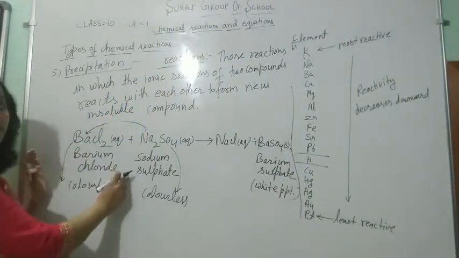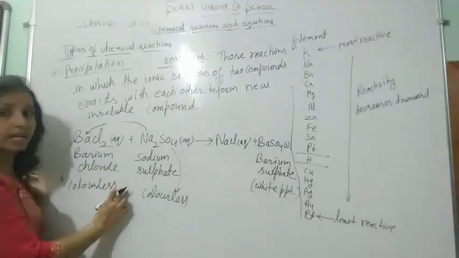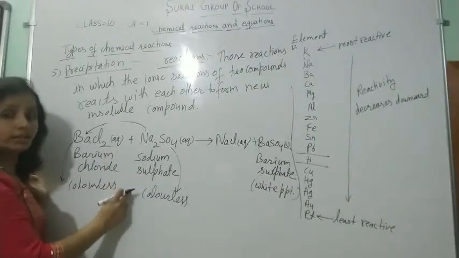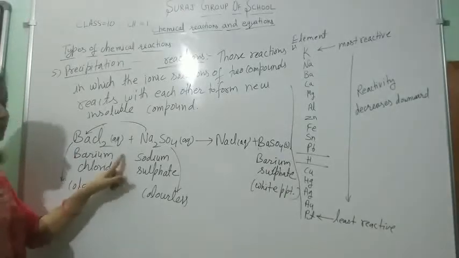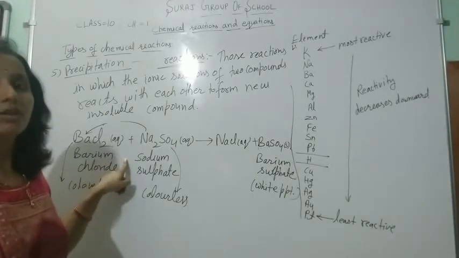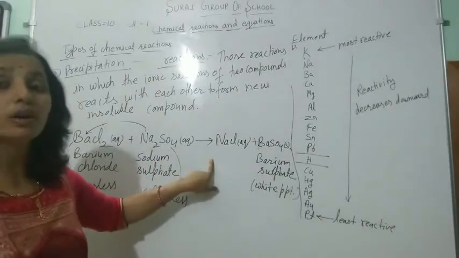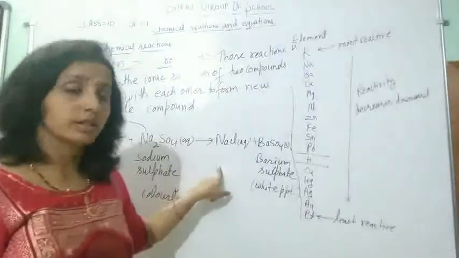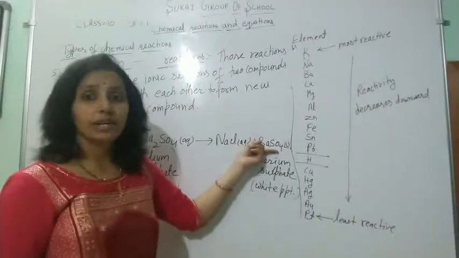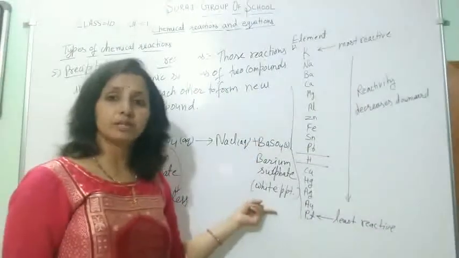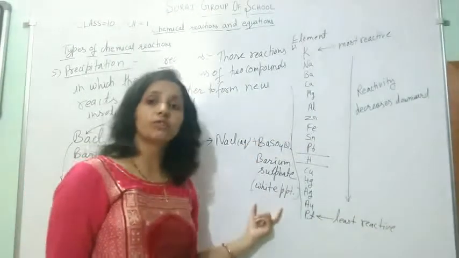This reaction, which is a double displacement reaction, is also known as a precipitation reaction. We can take this reaction as an example of precipitation reaction, because barium sulfate, a white precipitate, is formed on mixing of the two solutions.